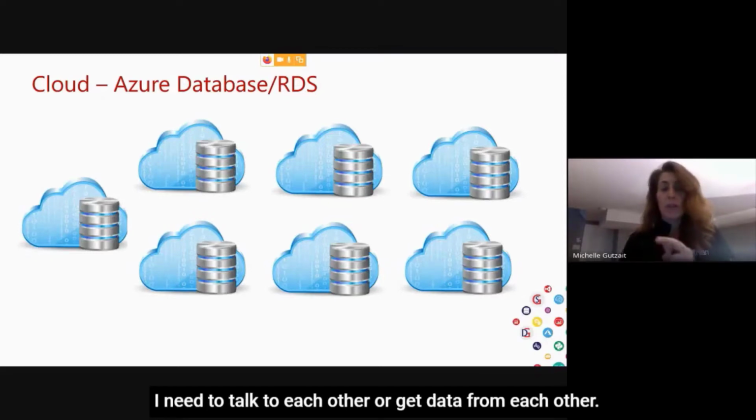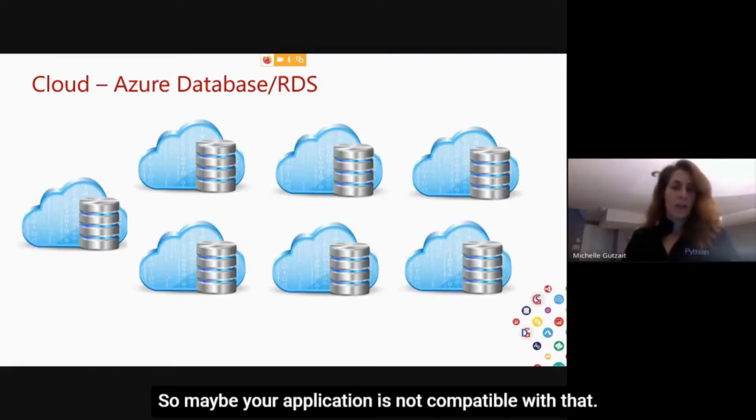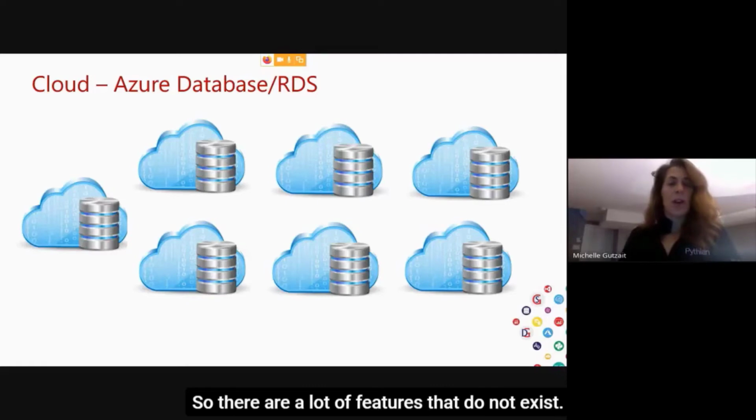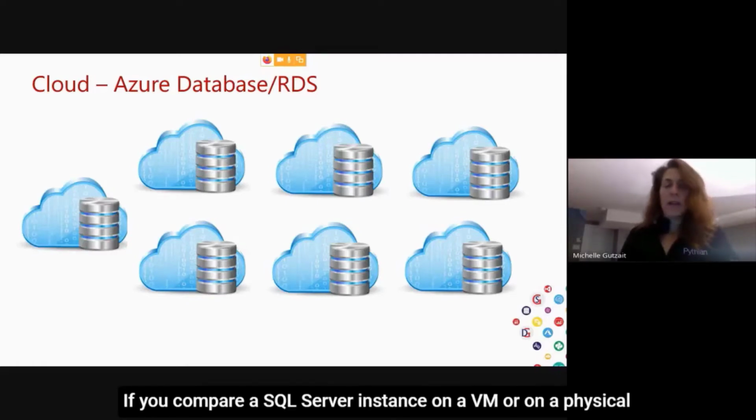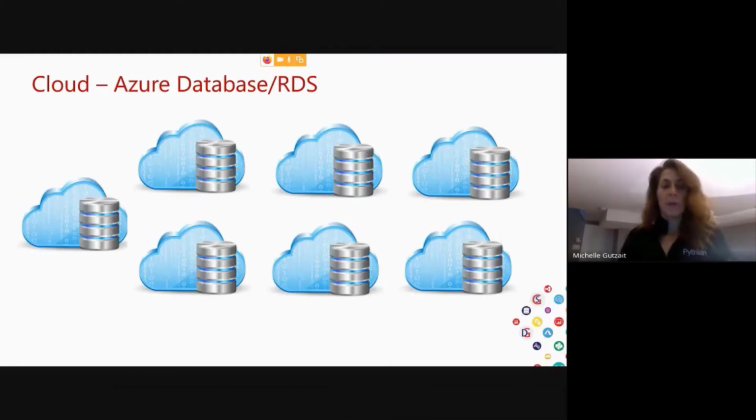If they need to talk to each other or get data from each other, they need to do this through the application. So maybe your application is not compatible with that. So there are a lot of features that do not exist if you compare a SQL Server instance on a VM or on a physical box compared to the platform as a service database in the cloud.